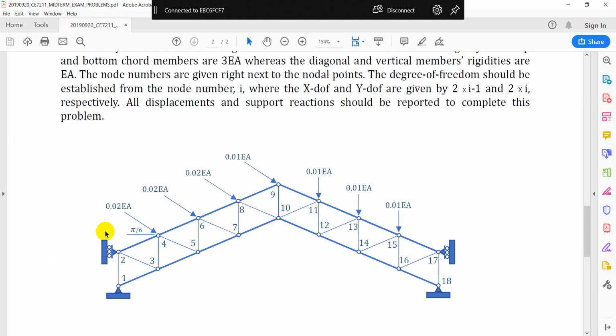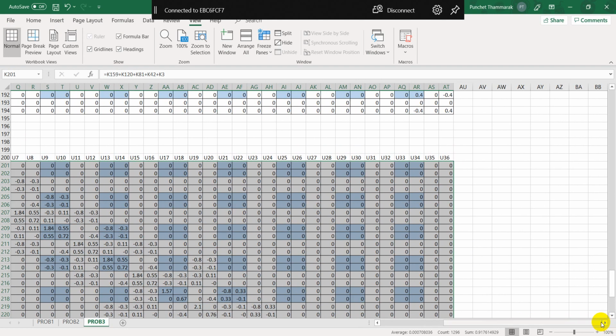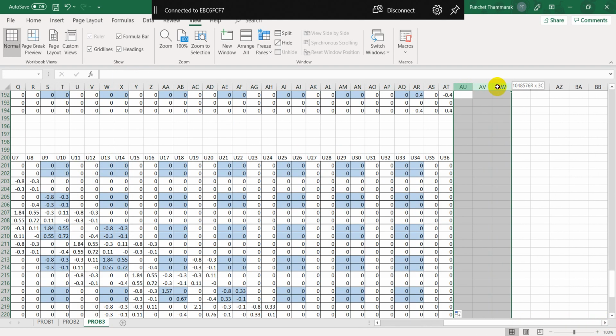How many boundary conditions do we have? 1, 2, 3, 4, 5, 6. Add row and column to accommodate boundary conditions. 1, 2, 3, 4, 5, 6.